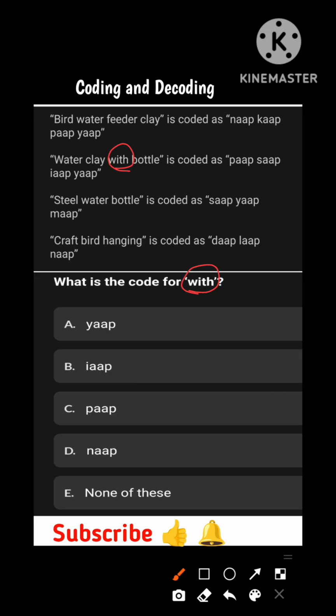So we need to check the one without a code in other statements. PAP we see in the first one, so it is not the code. SAP we see here, this is also not the code. IAAP we don't see in any other statements. So the answer for this one will be option B, IAAP.